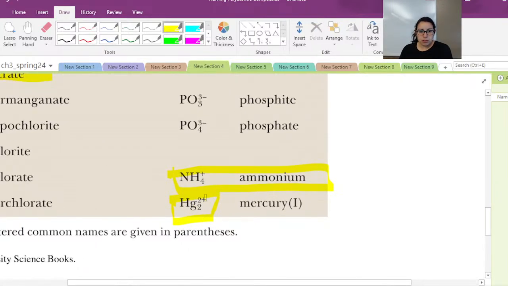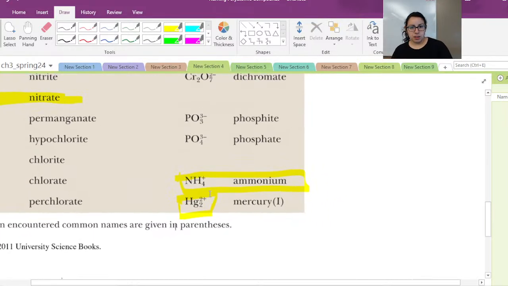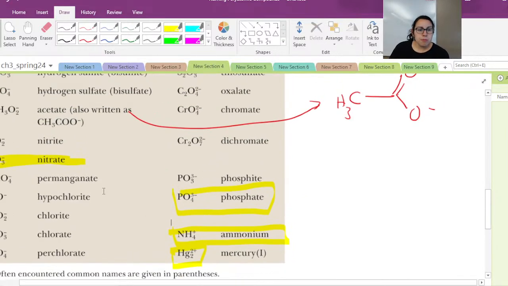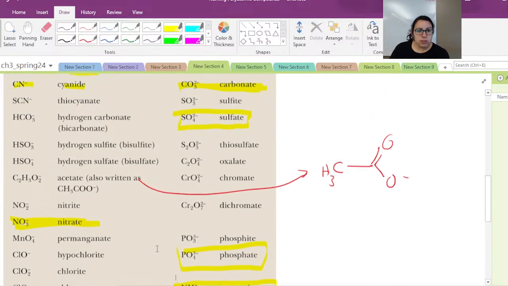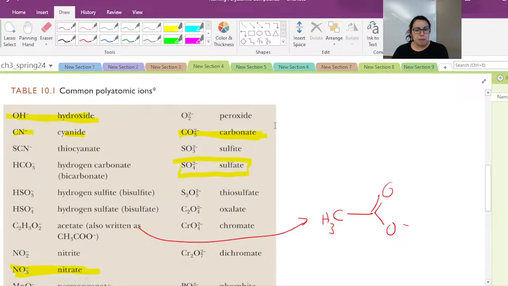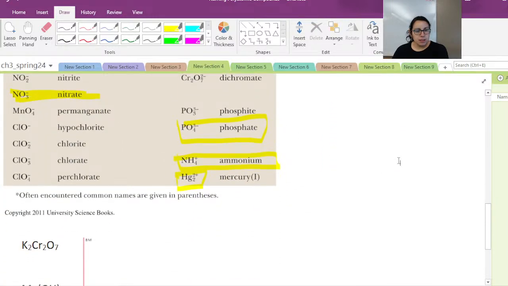So mercury 2 with a 2+ charge, so each one is mercury 1. Oh, and then phosphate, also really common, so this PO4 3-. For the most part, you'll just want to consult your chart until you become more familiar and start to memorize these polyatomics.